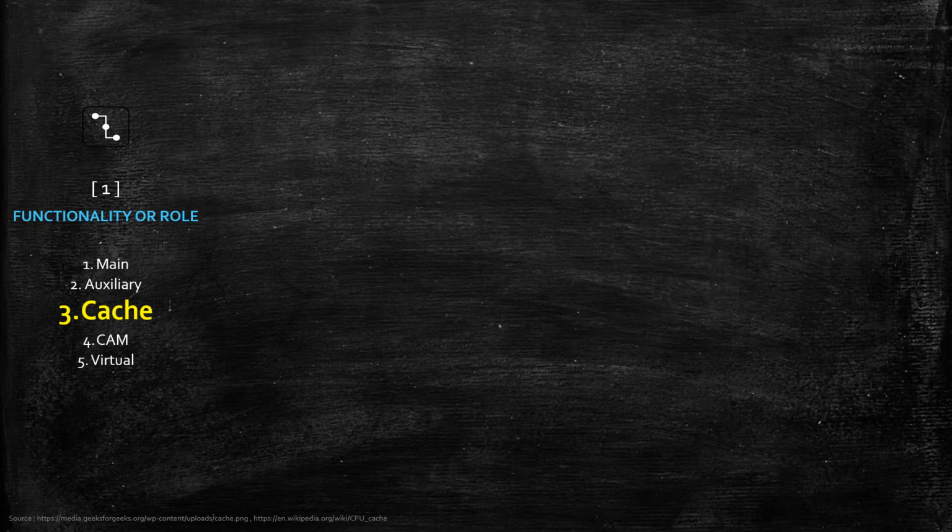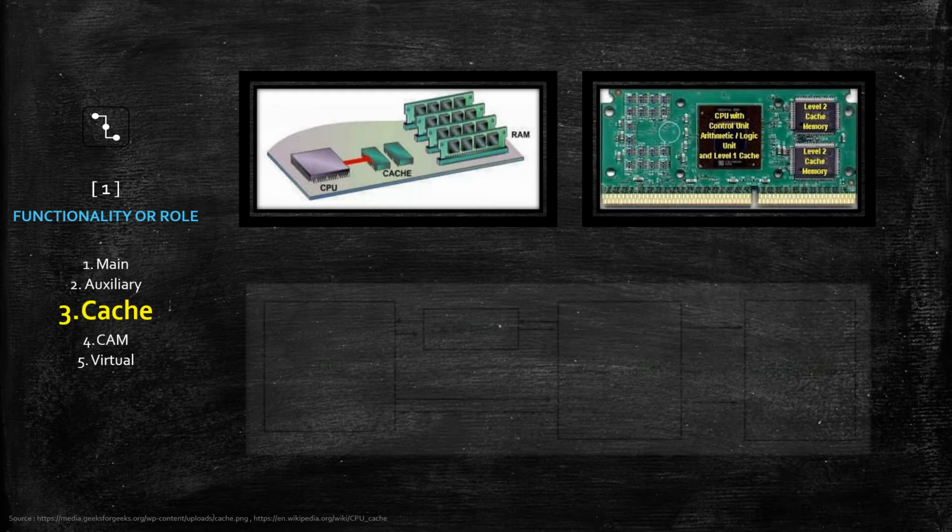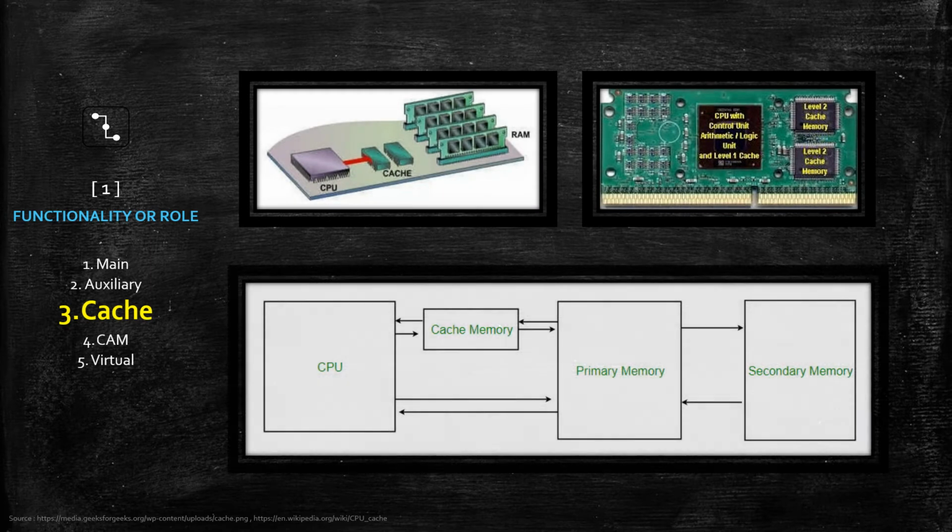Now let's discuss the cache memory. We know that cache normally resides between the CPU and the primary memory. A CPU cache is nothing but a hardware cache which is normally used by the CPU. And why do we need cache?